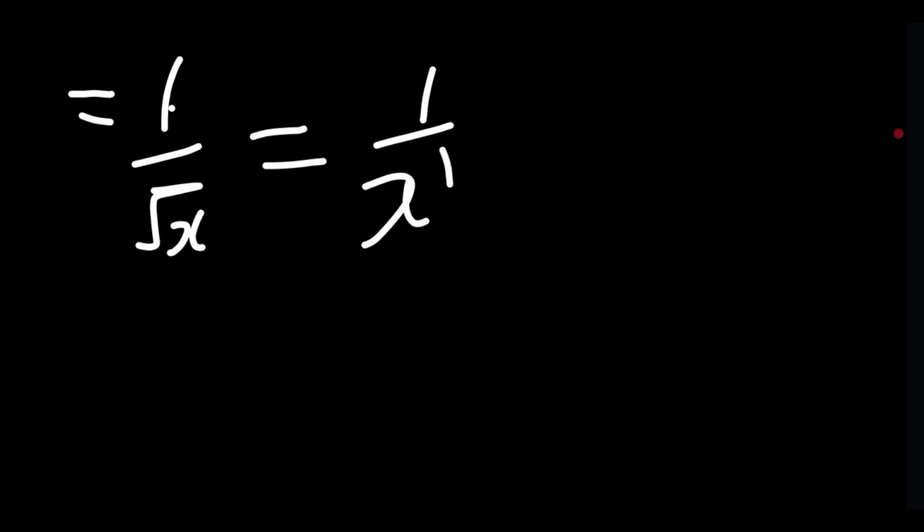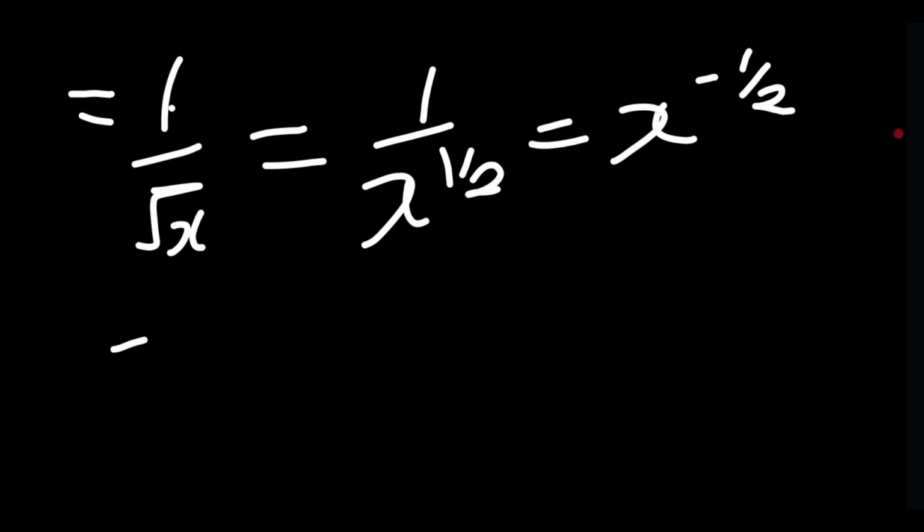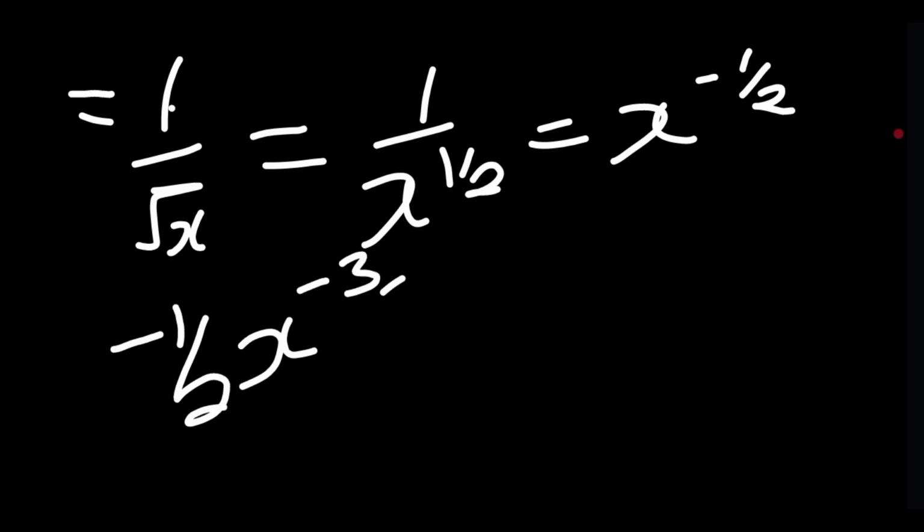Let's check if we're going to have the same answer if we do 1 over the square root of x using the normal derivative test. So it's going to be equal to 1 over x raised to the power of 1 over 2, which is equal to x raised to the power of minus 1 over 2. Now multiplying by the power, minus 1 over 2, and subtracting 1 from negative 1 over 2, it's going to be equal to minus 1 over 2 times x raised to the power of minus 3 over 2.